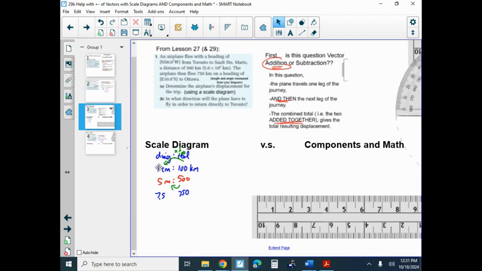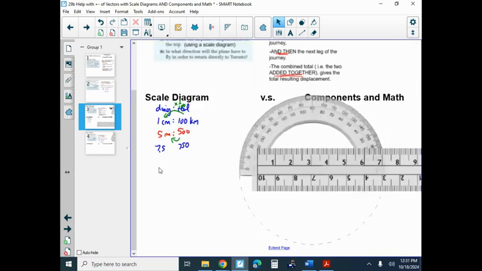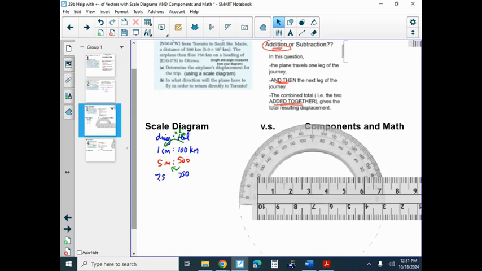Okay? And then the other thing we need is to visualize these things. So just as a rough visualization to start out with, we have north 50 degrees west, and that is going to look something like this. We're picturing this vector being 5 centimeters north 50 degrees west, right?